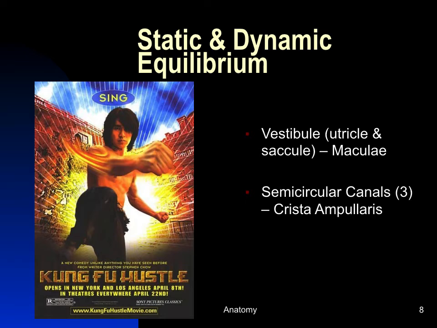These are really part of how we determine our body position. And so the vestibule, which consists of two structures, the utricle and saccule, determine static equilibrium, and then the semicircular canals, there are three of these, determine dynamic equilibrium.